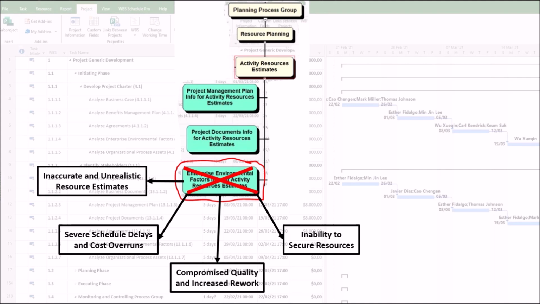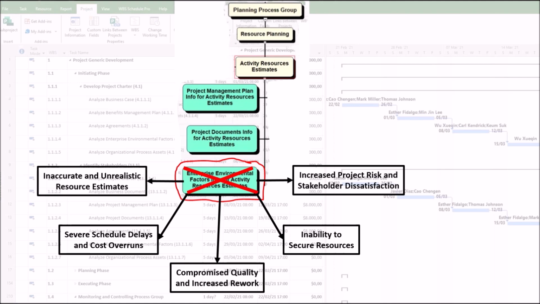For example, there is a severe shortage of skilled labor in your industry, and market rates are 30% higher than your budget. Second, enterprise environmental factors, such as organizational culture. For example, the company's hiring freeze prevents you from bringing on new staff, even if budget is available. As a result, you cannot staff the project. The project may be approved but is doomed before it even starts.